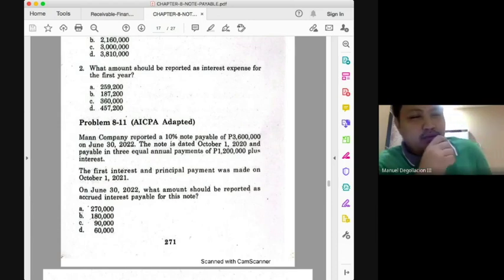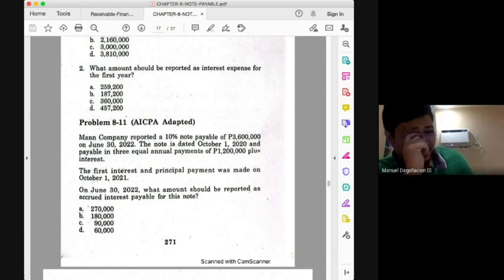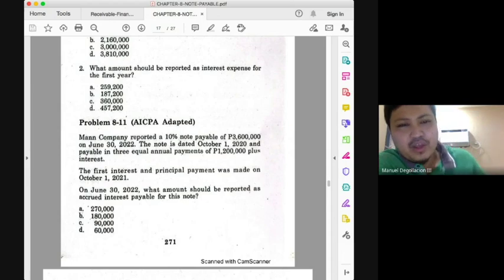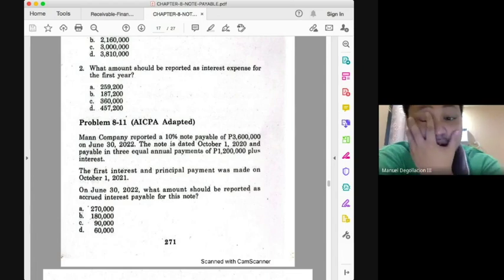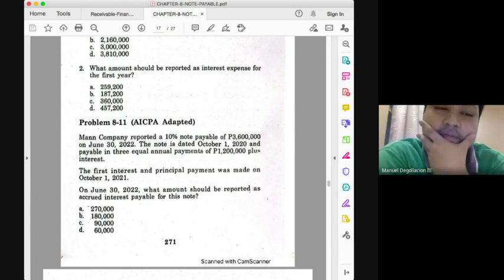Since there was payment on October 1, 2021, whatever interest has accrued from October 1, 2020 to October 1, 2021, class, has already been paid. Whatever interest has accrued was already paid on October 1, 2021.